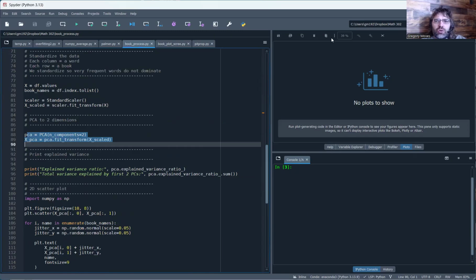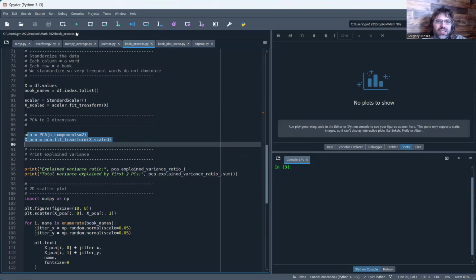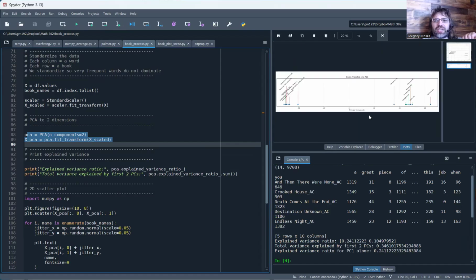So at the moment, let me see if I can find my book. Here we go. At the moment, we've again got Agatha Christie and Amanda Quick, just using those as my default examples. Let's run this code and perform the PCA.